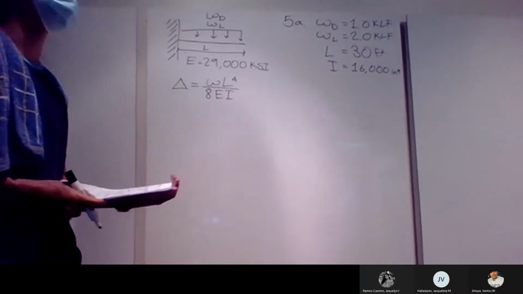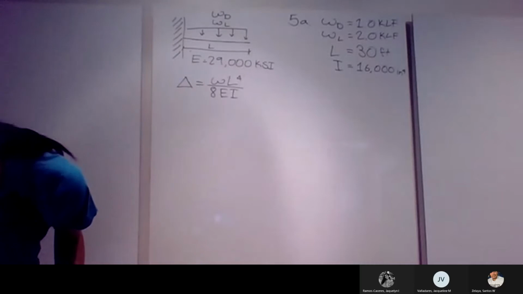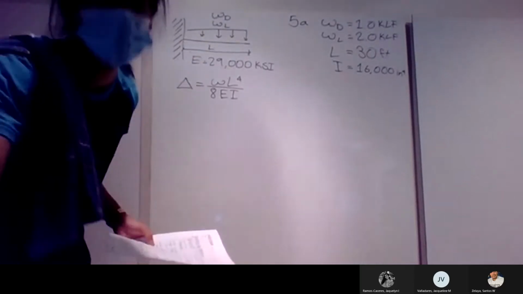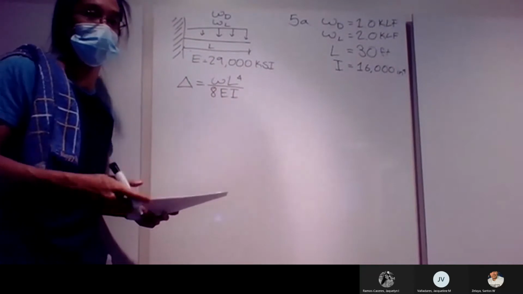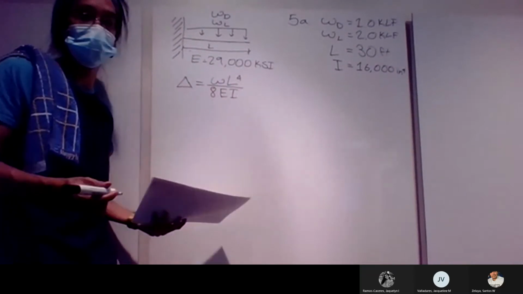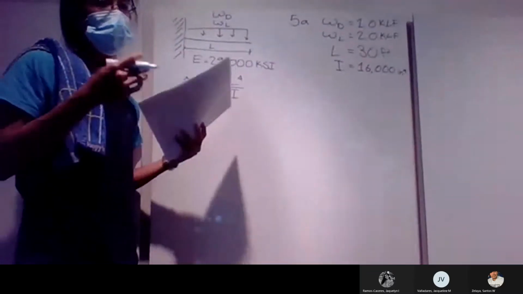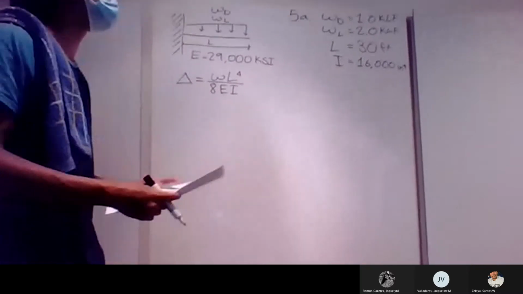Just as a reminder, the modulus of elasticity is a property of the material, what the beam is made out of, and moment of inertia is a property of what shape the beam is.